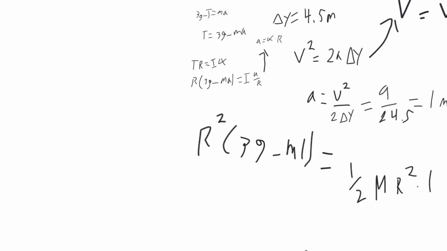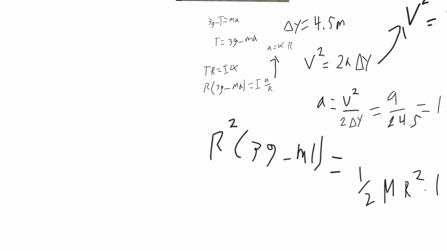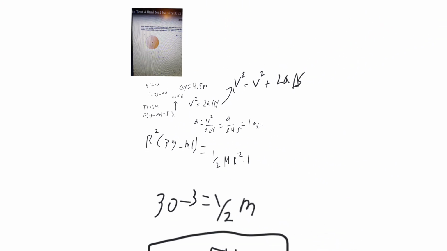We know that acceleration is equal to alpha times r. So solving for alpha, it's going to be a divided by r. That's why we get the acceleration over the radius. And the tension, which is 3g minus ma, we already solved for over here. We just transferred it there.